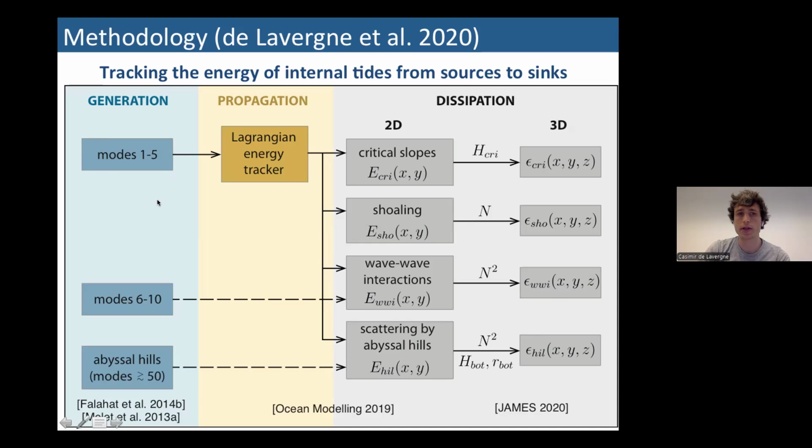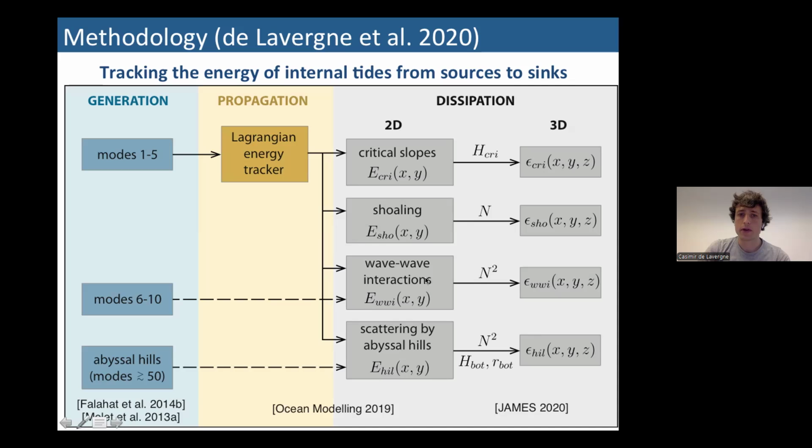So here I start with modes 1 to 5, which we've found propagate significantly. So we track where they go using linear wave theory, and then we try to estimate the dissipation due to 4 processes: interaction with critical topographic slopes, shoaling, so that's when an internal tide goes into shallower water and its energy is concentrated in a small water column, so it tends to create direct breaking of the tide.